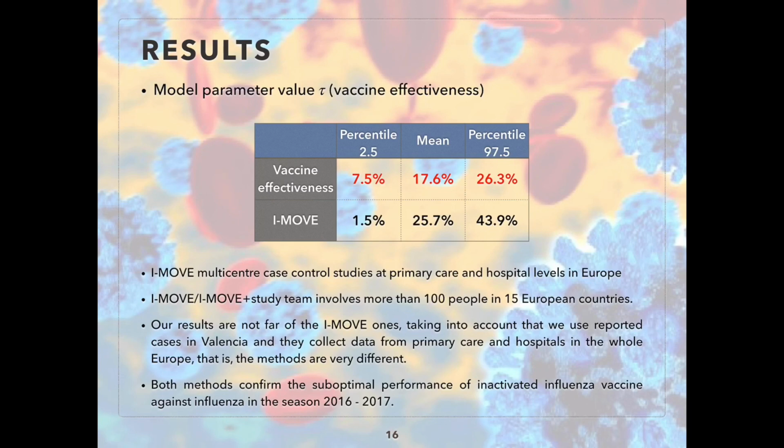We can see that our results are not far from the iMove ones, taking into account that we use reported cases in Valencia, and they collect data from primary care and hospitals in the whole Europe. Anyway, both methods confirm the suboptimal performance of the vaccine.